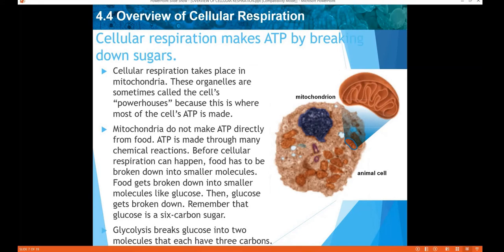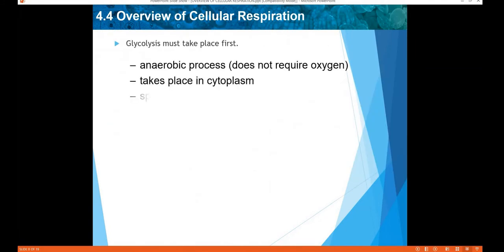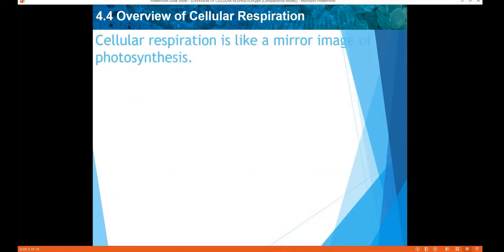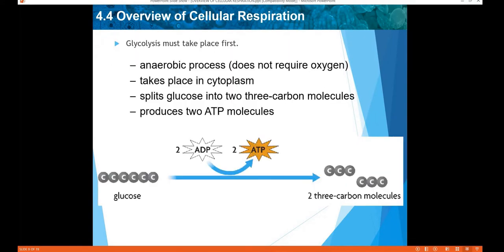Then glucose is broken down by this equation, as you can see in this picture here, by the process of glycolysis. So glycolysis, what does it do? It splits glucose into 3-carbon molecules and makes 2 molecules of ATP. This is known as glycolysis.